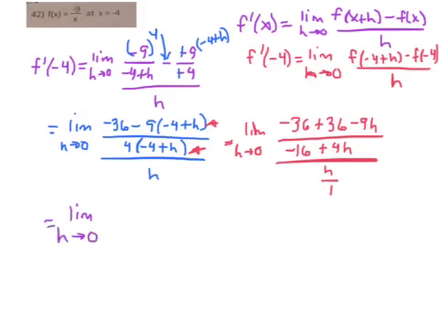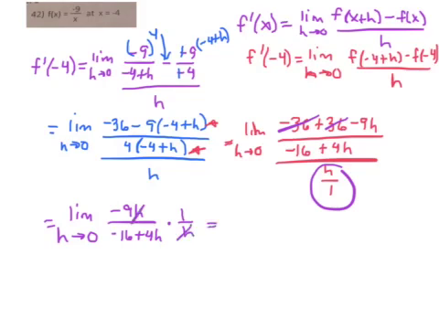Now, those cancel. We have negative 9h over negative 16 plus 4h. What we can do is take this and flip it up so that we multiply by the reciprocal, and that cancels out those h's. So now we have the limit as h approaches 0 of negative 9 over negative 16 plus 4h.